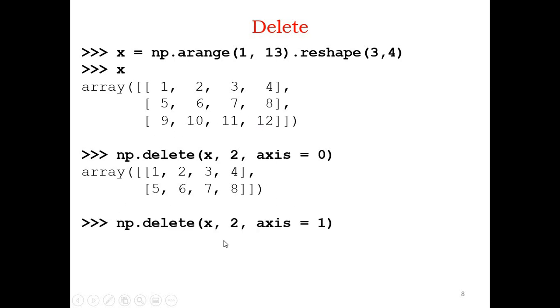So you see 1 2 3 4 5 6 7 8, and this row 9 10 11 12 is deleted. Now if you write np.delete x comma 2 and the axis equal to 1 with the same array, you want to delete in the horizontal direction, because axis equal to 1 means in the horizontal direction.